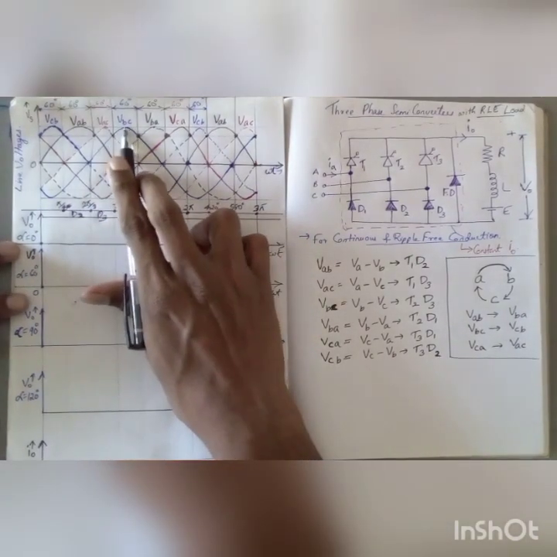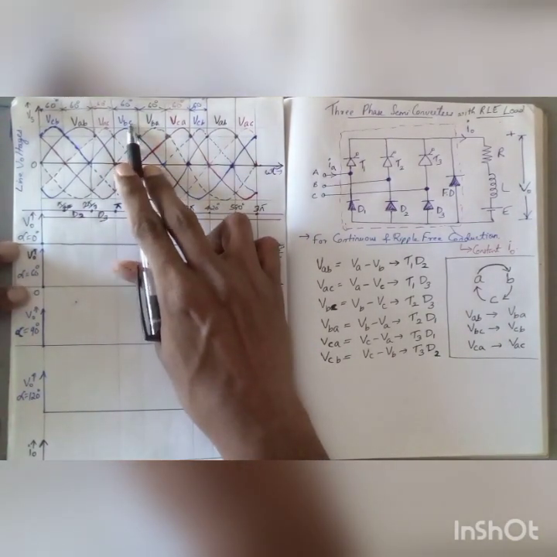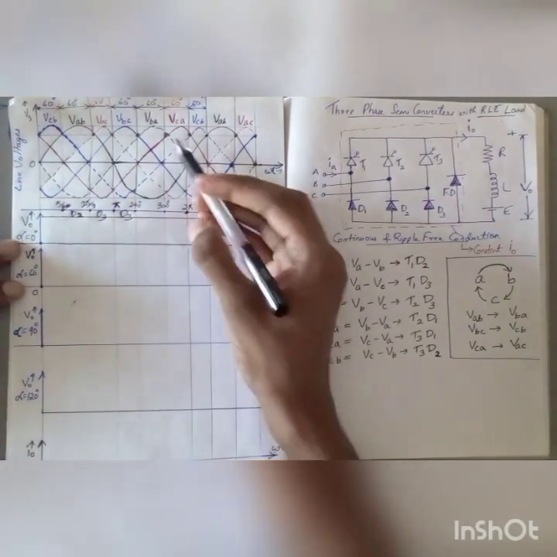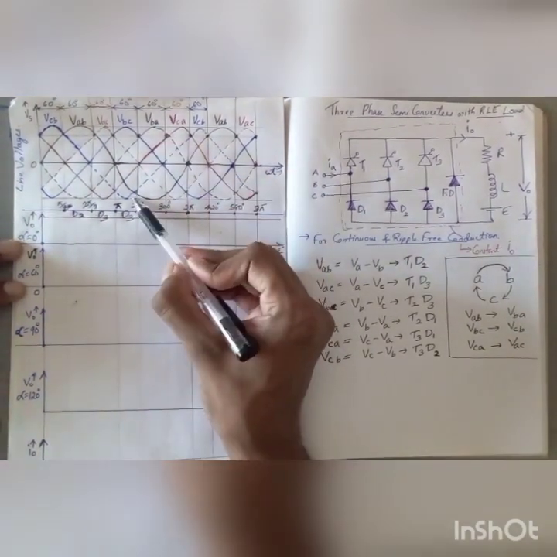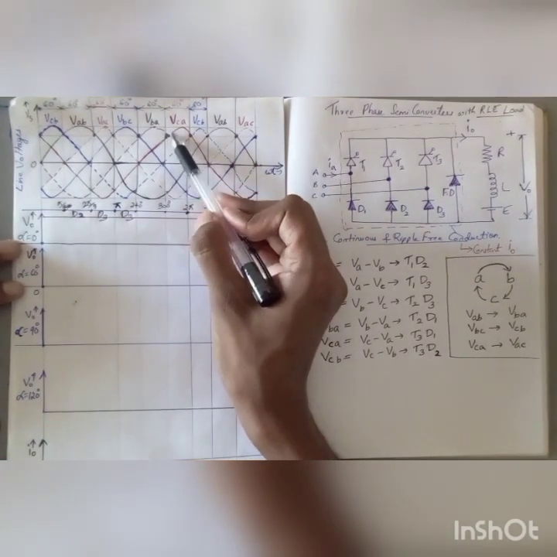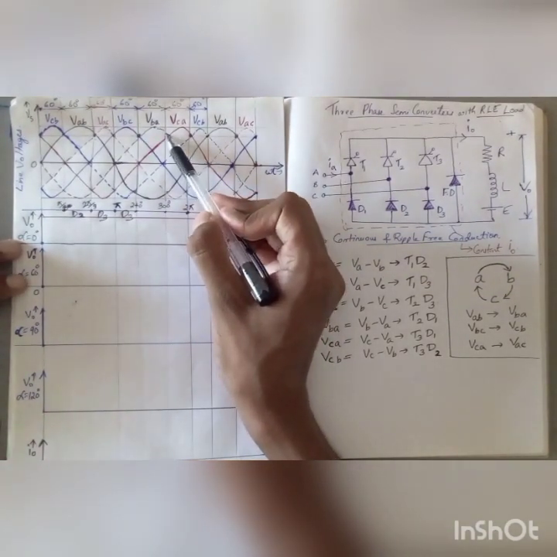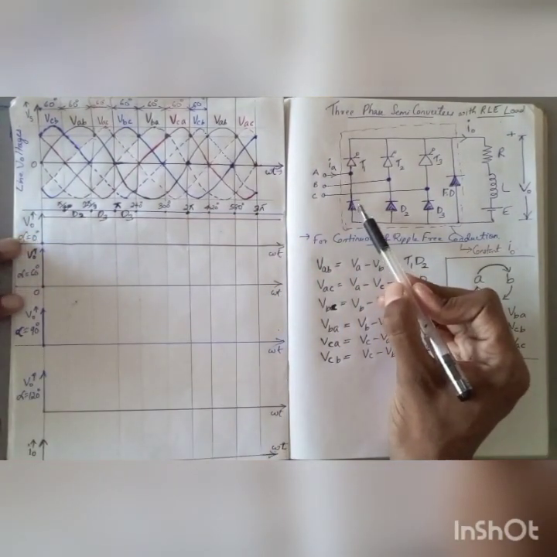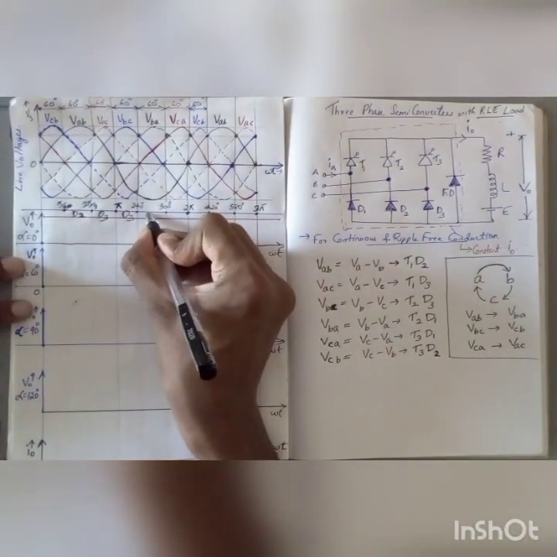Similarly, for VBC also, C is negative, so D3 will be conducting. Then next VBA, from 240 to 300 degrees, means VB minus VA. VA is negative, which means the cathode of D1 is negative, so D1 will be conducting.